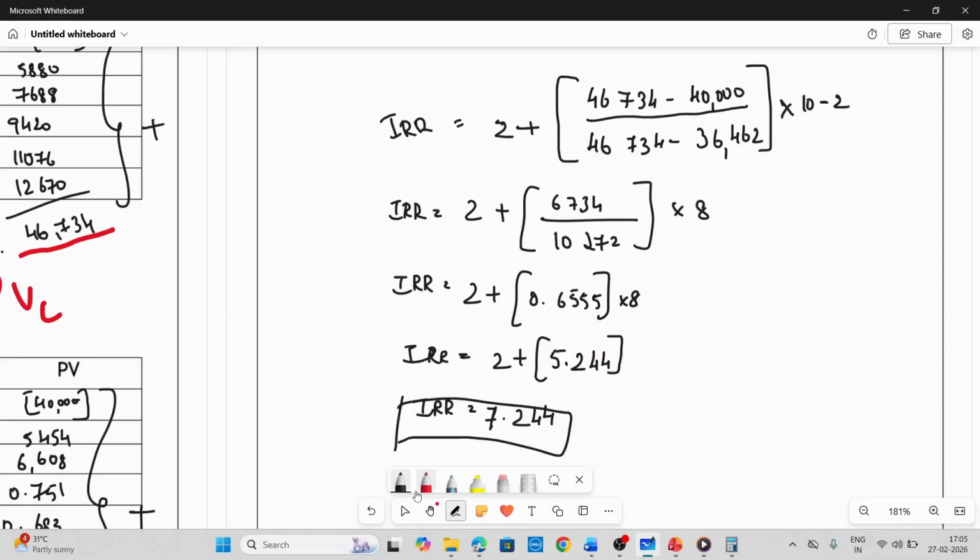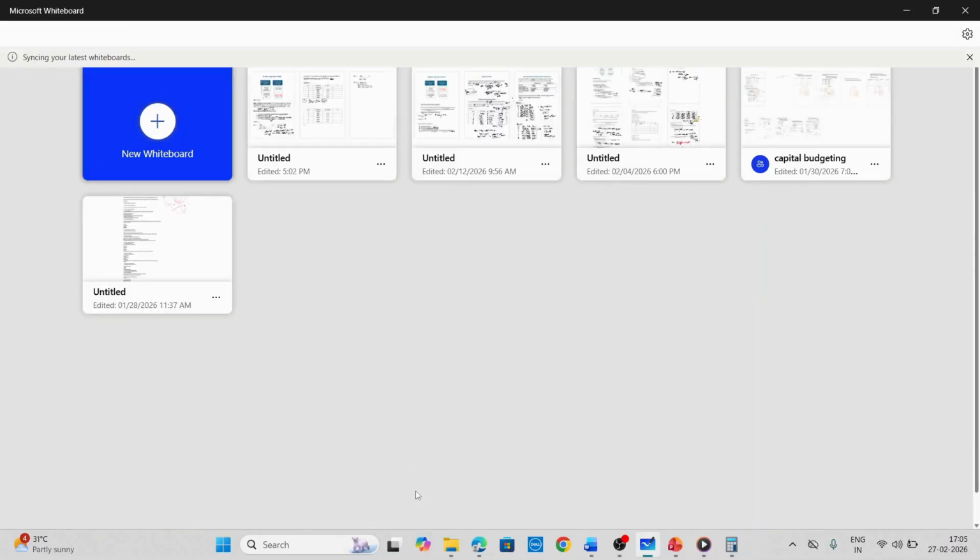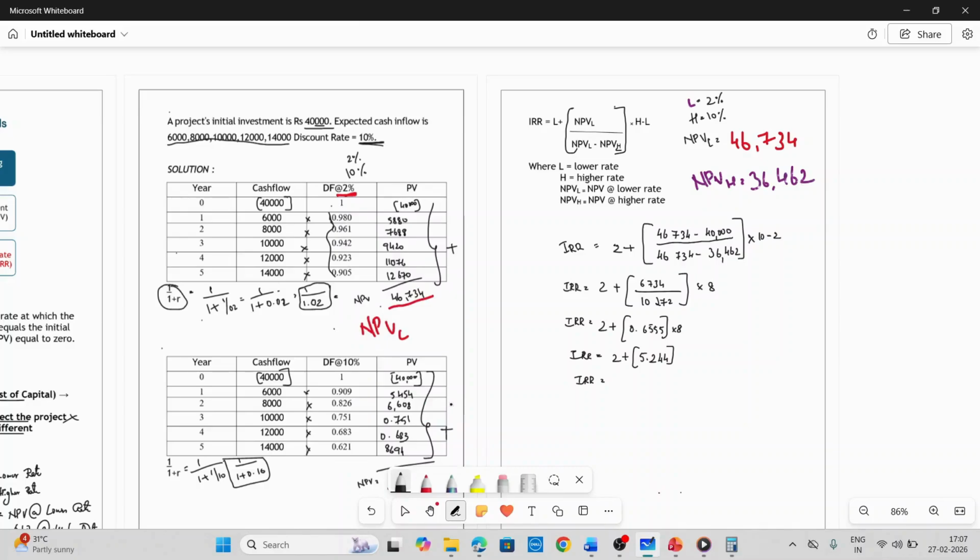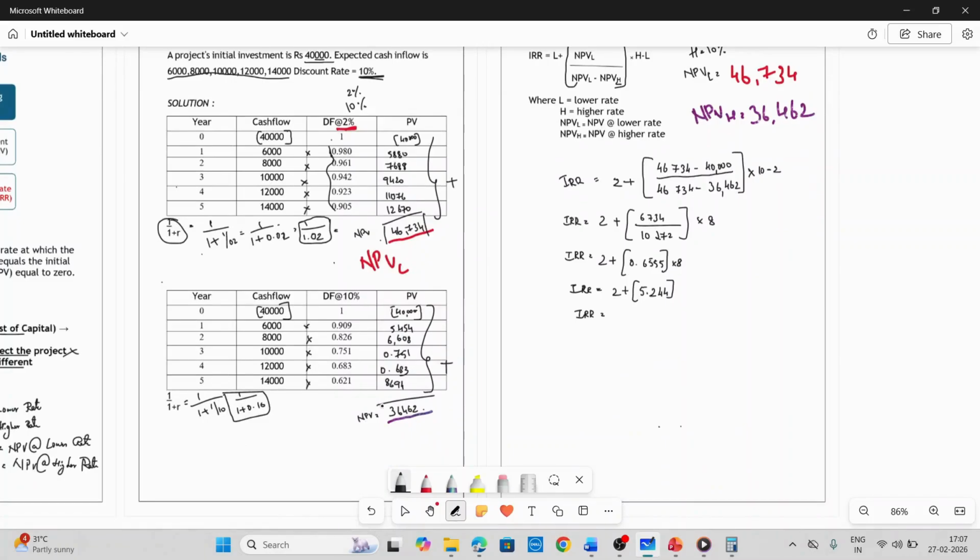Have you calculated IRR? Remember one thing, guys. If one NPV is greater than the initial investment, the other should be lesser than the initial investment. Then you will get your IRR problem right.